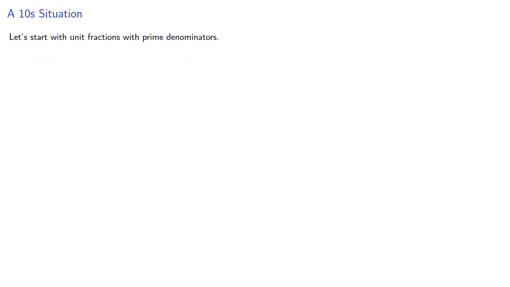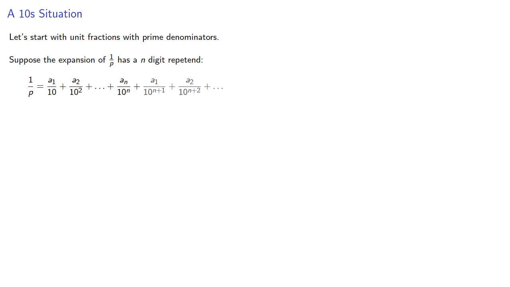Suppose the expansion of 1 over p has an n-digit repetend. So we go through the first n decimal digits, and then we repeat them in the next set of places.